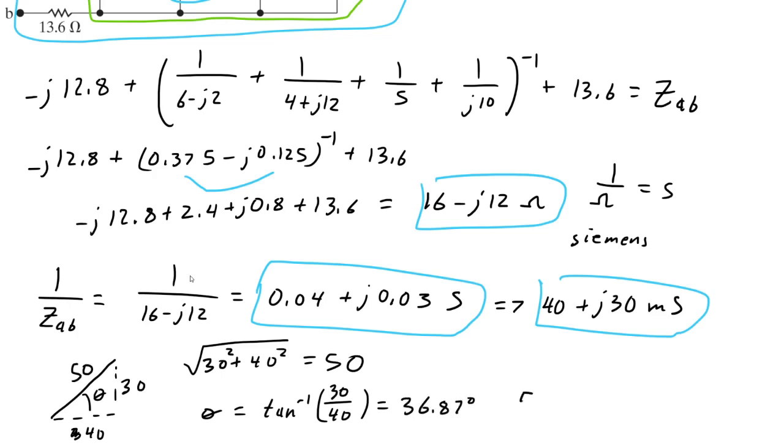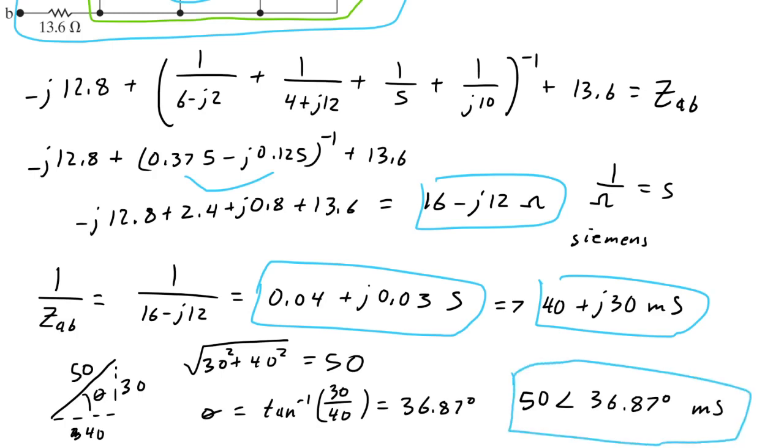So we can say that the magnitude is 50 and the phase is 36.87 degrees. And this will still be in Siemens. It's just this time I wrote it as a phasor.